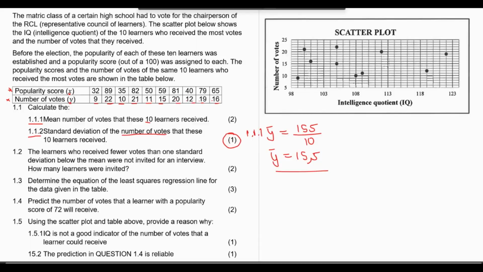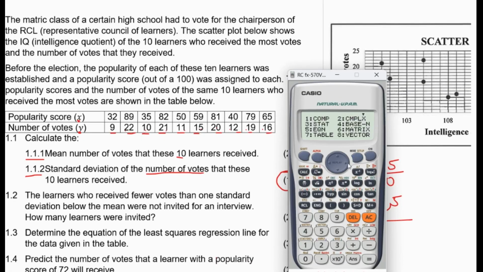Let's use the calculator. You press mode and then go to stats, and then you go to 1-VAR, and then you enter your data items. 9 equals, 22 equals, 10 equals, 21 equals, 11 equals, 15 equals.